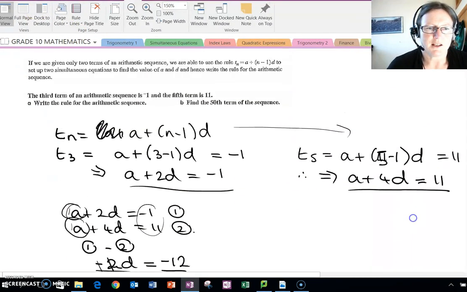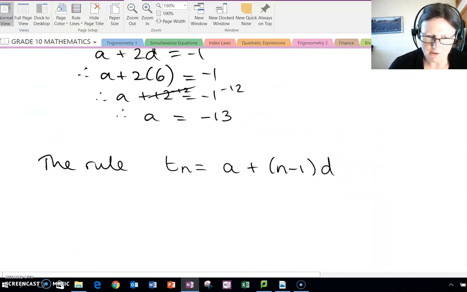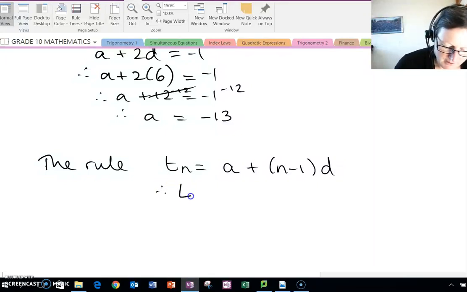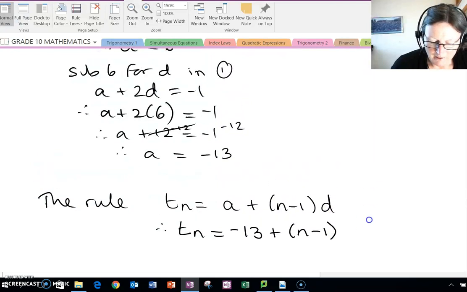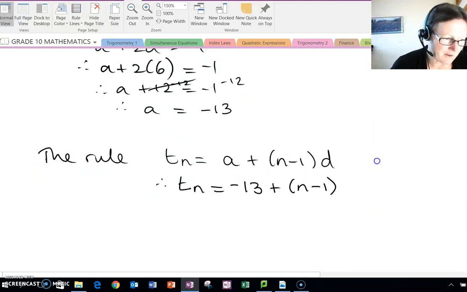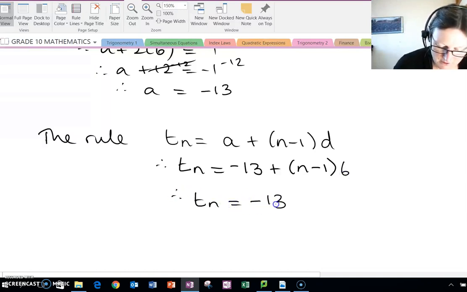So let's look at what I was asked for again. Part A, write the rule. There is the general rule, but for this specific arithmetic sequence, a is -13, I put n minus 1, and the difference that I found, d, was 6. So Tn is equal to -13 plus 6 times n minus 1, and we can expand these brackets out.